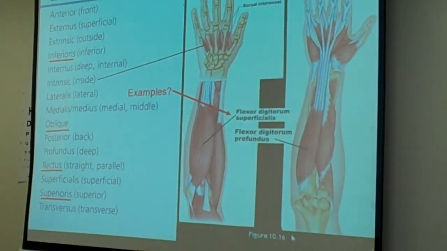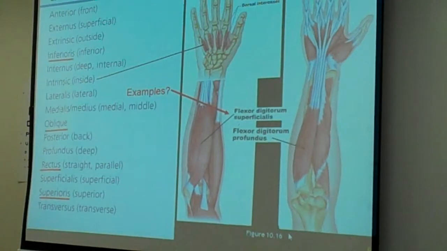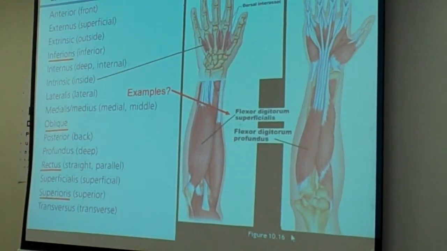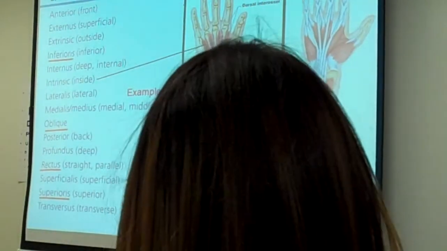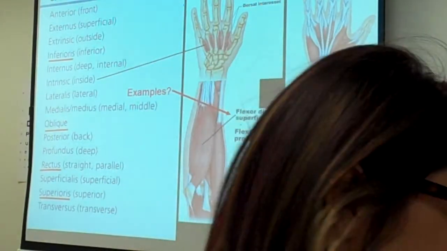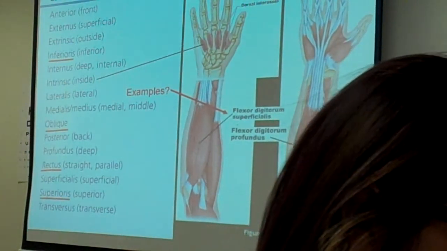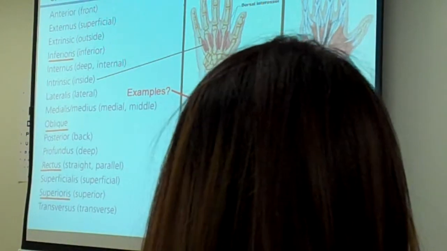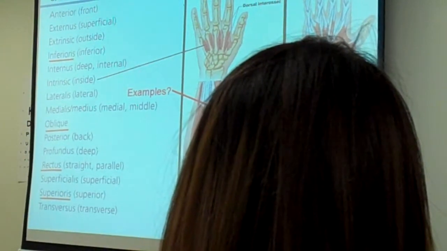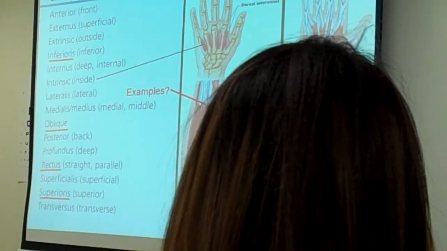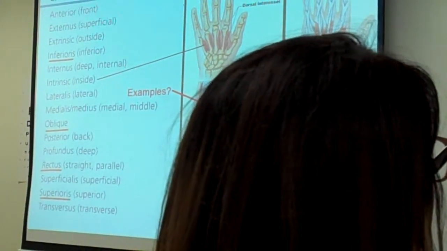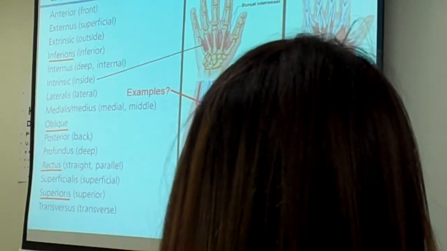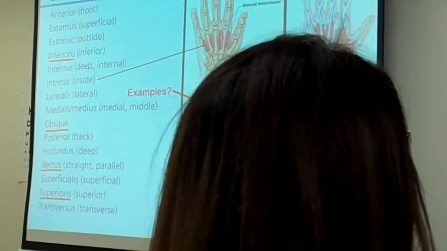So rectus abdominis looks something like that. If you look at the extrinsic eye muscles, there's a superior rectus, inferior rectus, medial rectus, lateral rectus. All of the muscles have this orientation where all the fibers, all the fascicles, run parallel to the longitudinal axis of the muscle. One's over the eye, one's under the eye, one's on the medial side of the eye, one's on the lateral side of the eye. But all those muscles look the same. They're all straight, rectus.